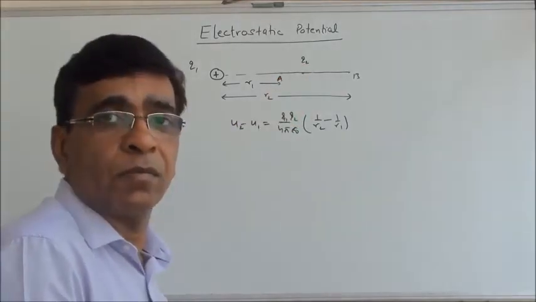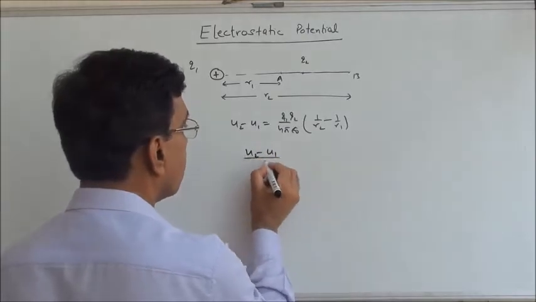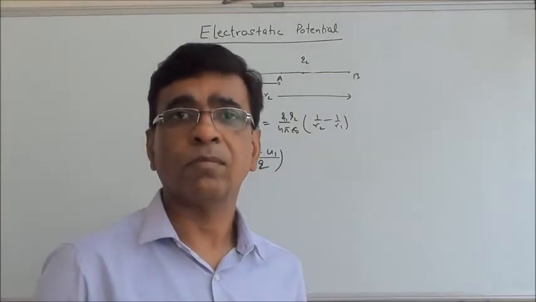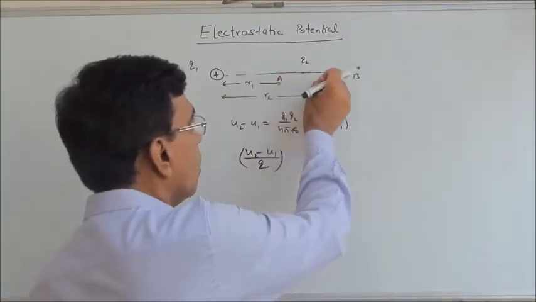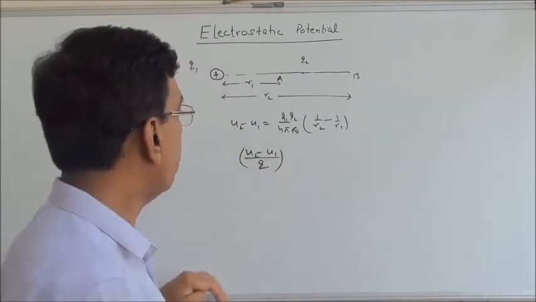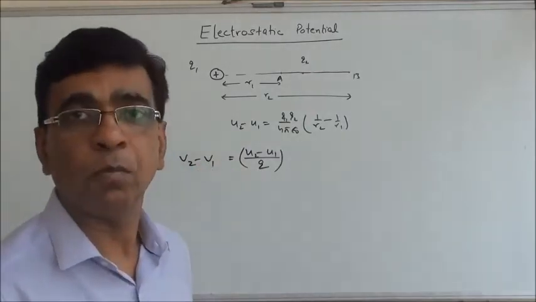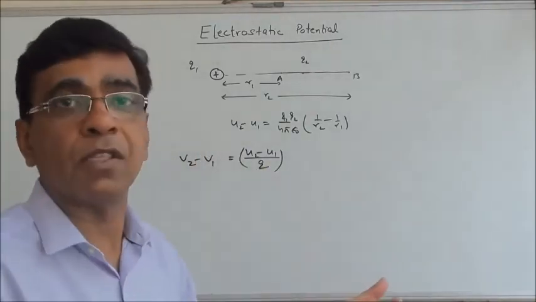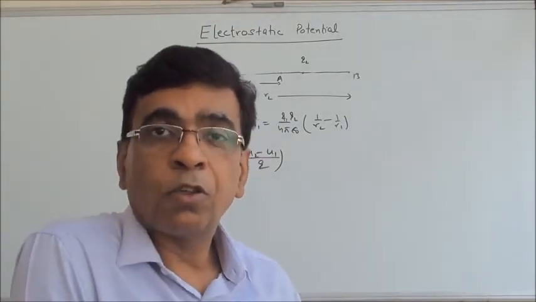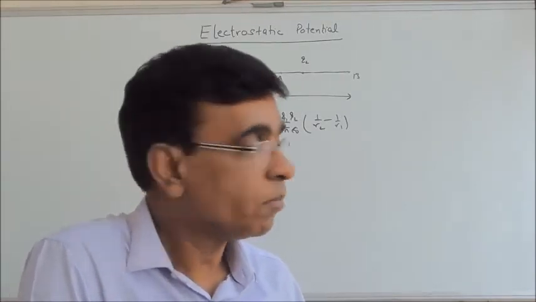Now if I divide it by the test charge, then the work done per unit charge, the change in potential energy per unit charge, will be taken as the difference in electrostatic potential. So potential difference is defined as the electrostatic potential energy difference per unit charge.